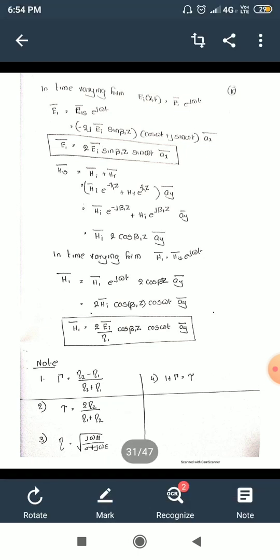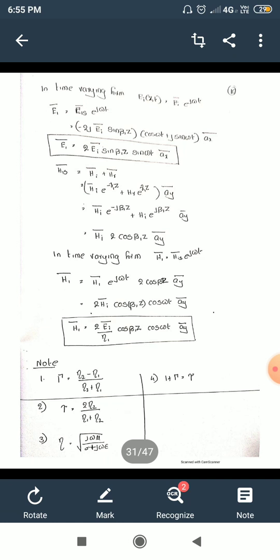In the previous case, we took ER equal to minus EI, so we got the sine terms. Finally, for H we got the cos terms. So EI is one equation and the other is HI.